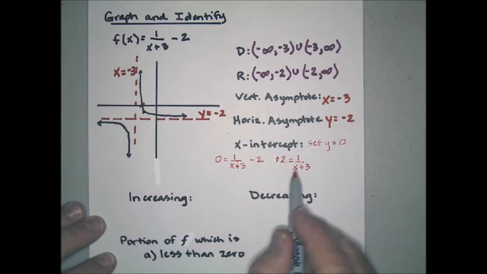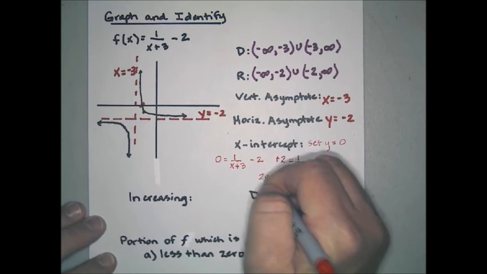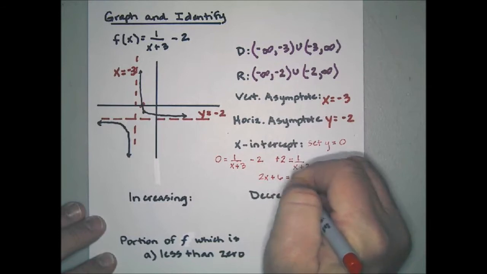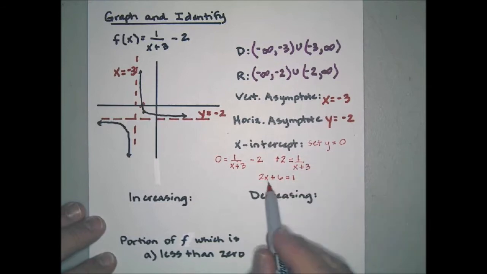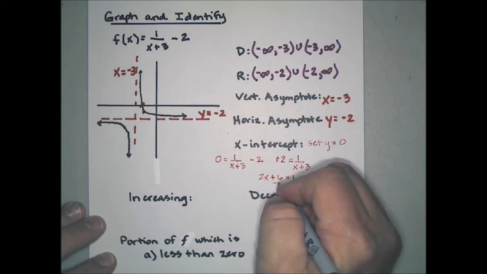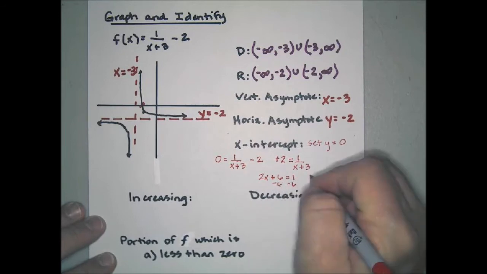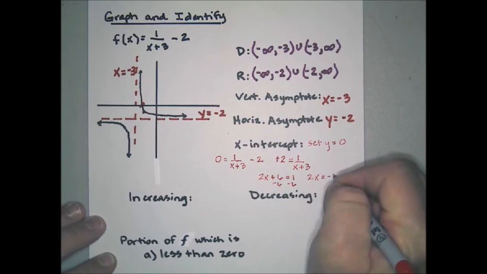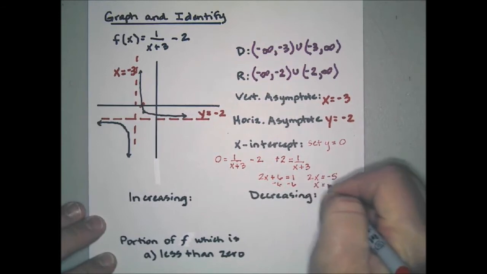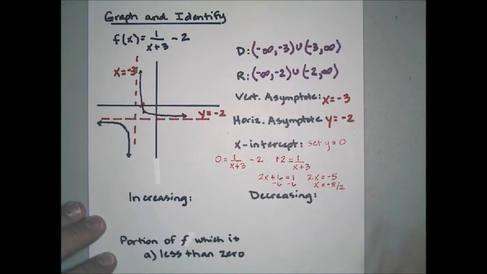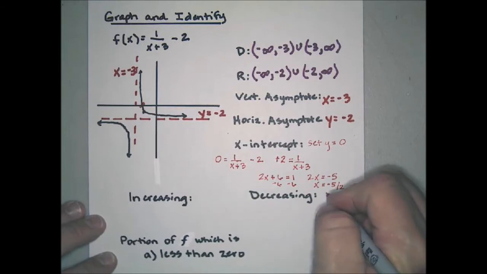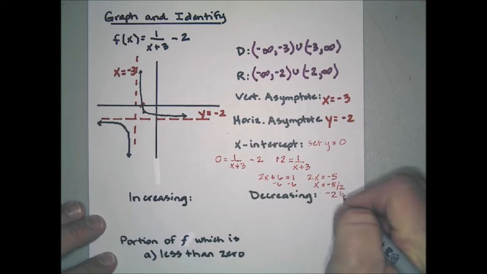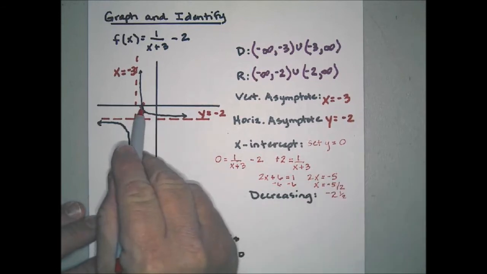Remember that has to distribute. 2x plus 6 equals 1. Now subtract the 6 from both sides, and you get 2x equals negative 5. So x equals negative 5 over 2, otherwise known as negative 2.5, if you want to call it that. There's your x-intercept.